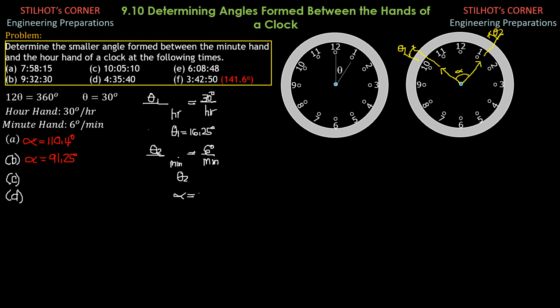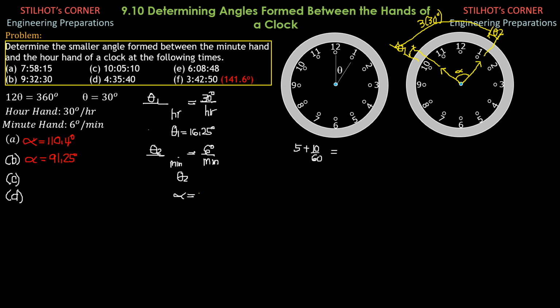So from the 10th mark to 1, there are 1, 2, 3 graduations, so 3 times 30 degrees. Then minus theta 1, then plus theta 2, that's alpha. So from the figure, for the hour hand, this is 5 minutes and 10 seconds, so 5 plus 10 over 60.